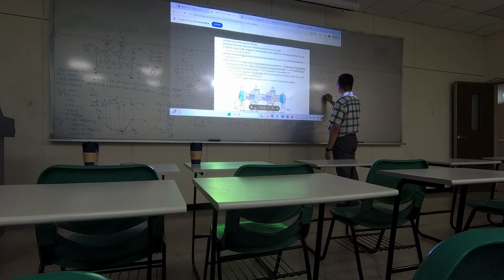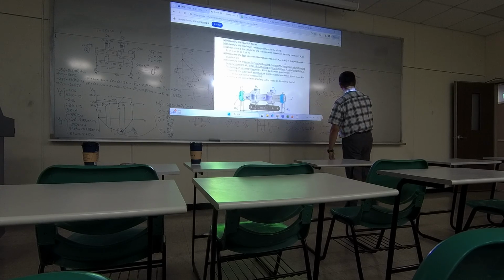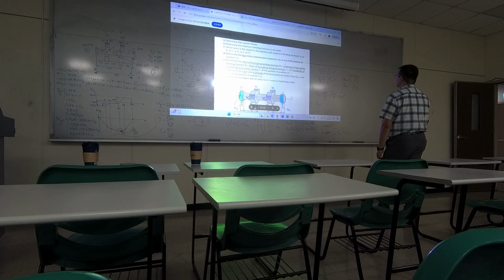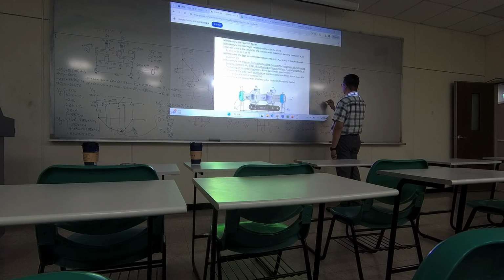So right here, you should be using Kf sigma over 2 plus the square root of (Kf sigma over 2) squared plus (Kfs tau) squared. And similarly for the other one, Kf sigma over 2 minus the square root of (Kf sigma over 2) squared plus (Kfs tau) squared.